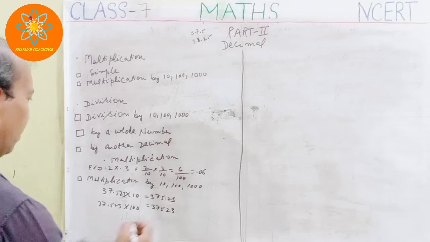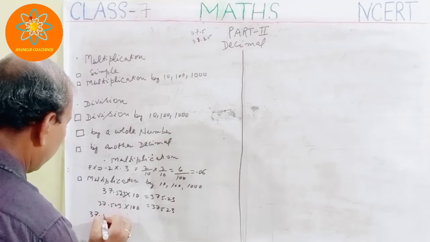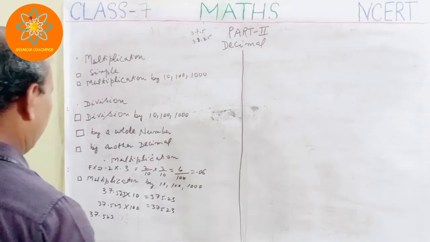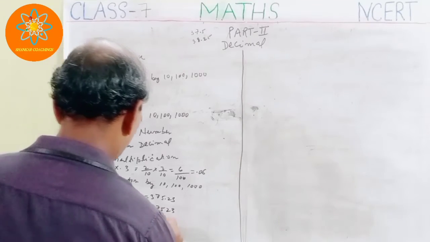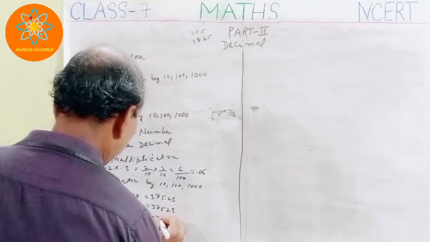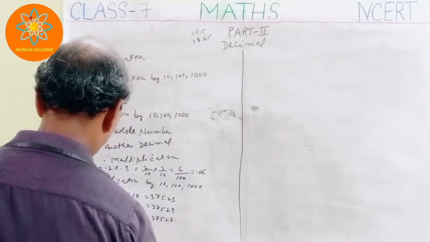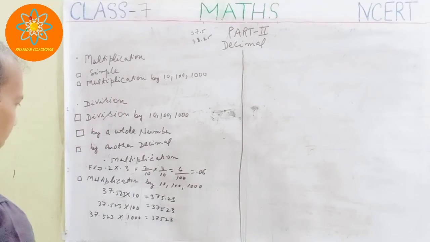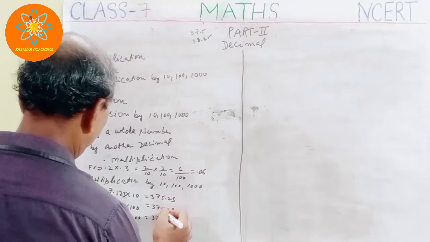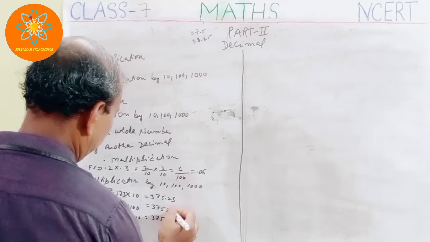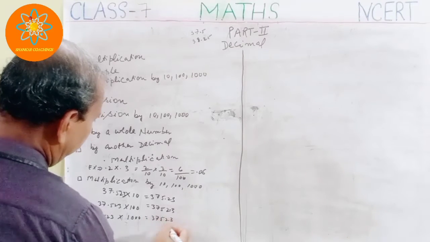And if I multiply this 37.523 by 1000, how much will I get? Here it is 37523.0. And if I multiply this by thousands, I will get 37523.